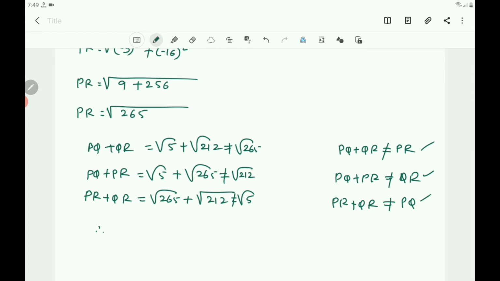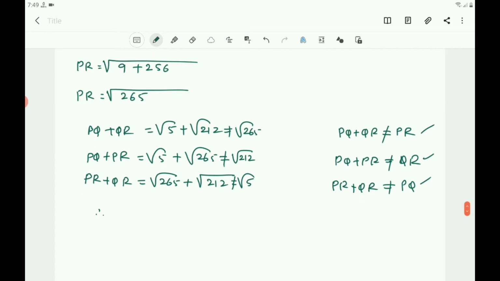Sum of two sides is not equals to the third side. Therefore, the points P, Q and R are not collinear. They may form the triangle.